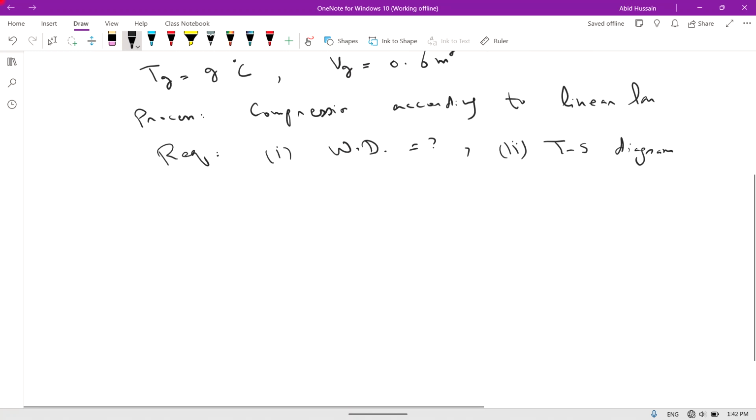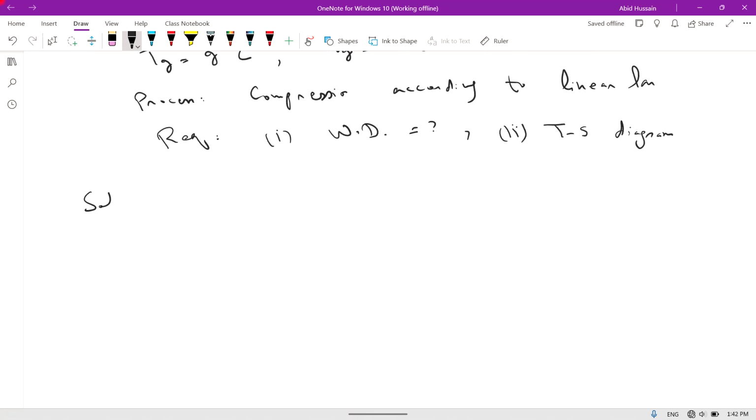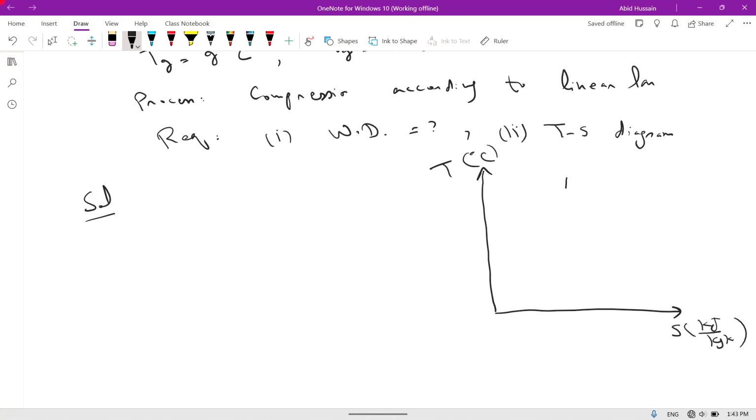So we start the solution. First we draw the TS diagram. T is in degree centigrade and entropy in kilojoule per kilogram per Kelvin. This is a constant volume line. V1 and V2 are given to us.